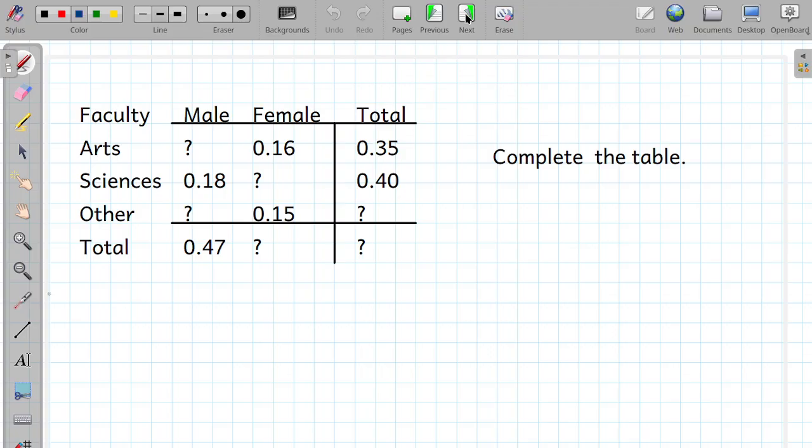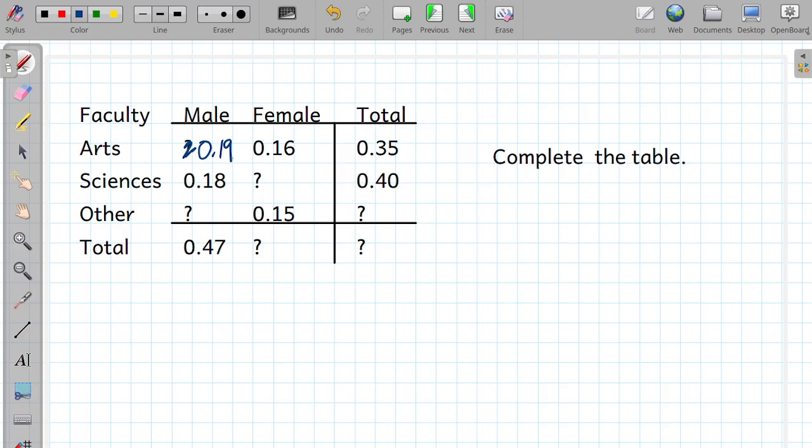If we look at the Faculty of Arts, we know that total enrollment is 35% of total enrollment, and females make up 16 percentage points of that enrollment. So what number plus 0.16 equals 0.35? It's got to be 0.19, so let's put that in there.